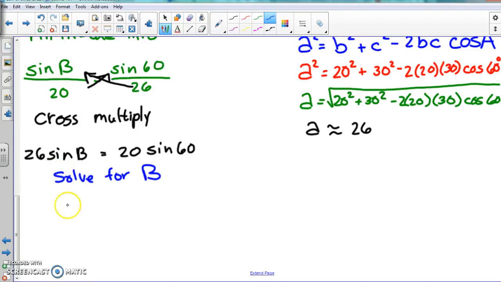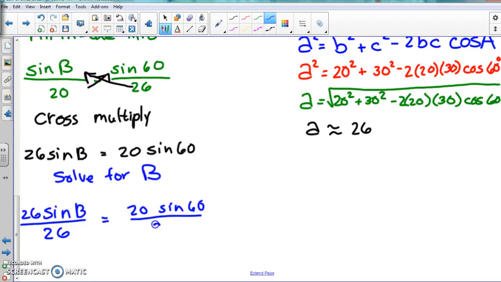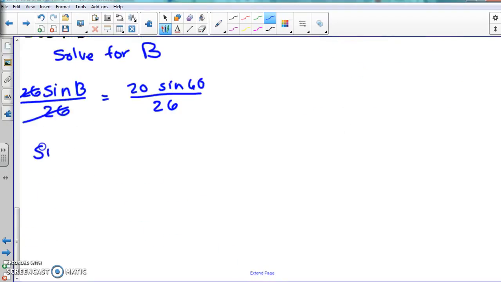Let's divide both sides by 26. Those cancel out, and we're left with just sine B equals all this wonderful information.